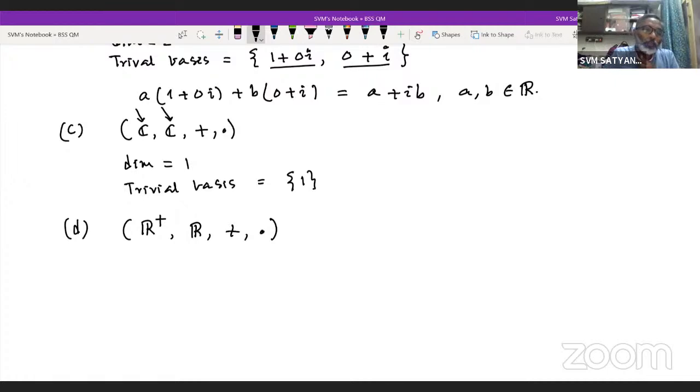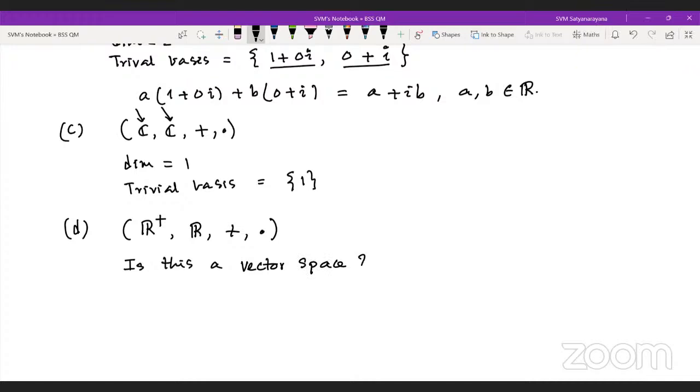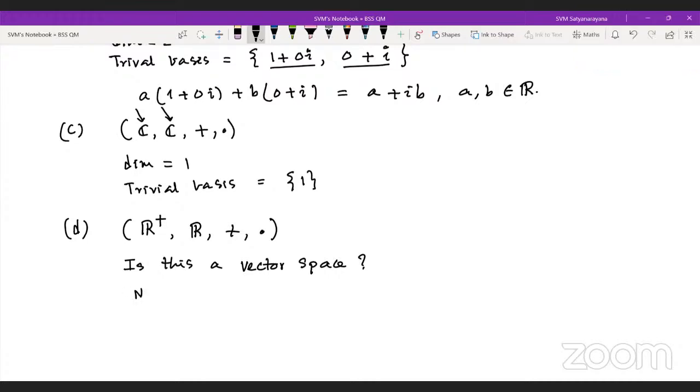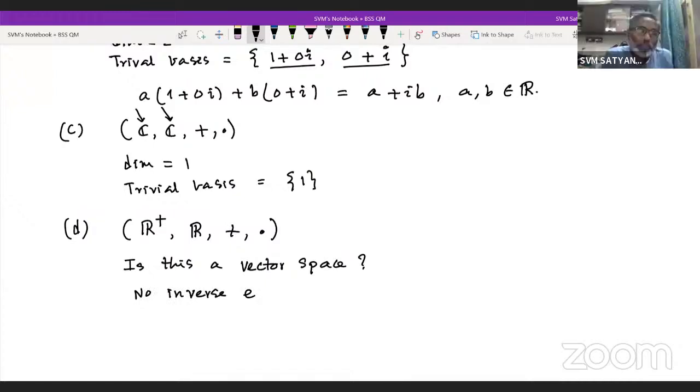Now, is this a vector space? No, sir. Which axiom is not satisfied? Inverse is not. There is no inverse elements. So it's not a vector space.